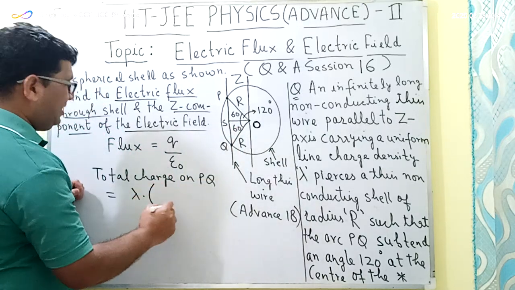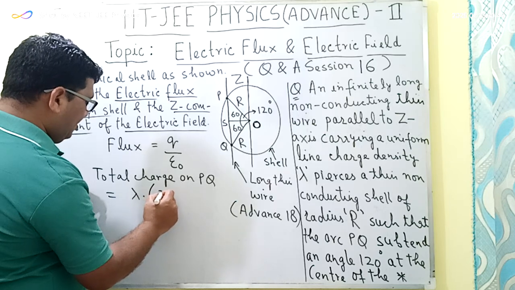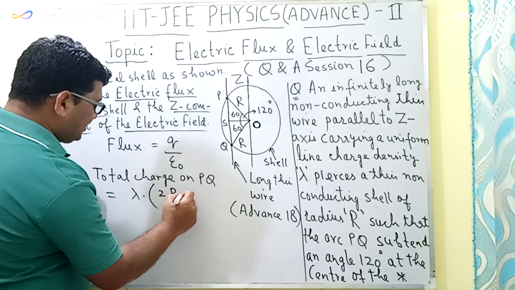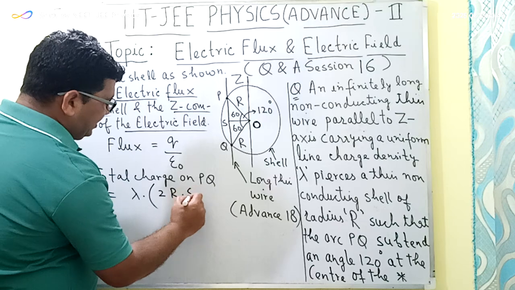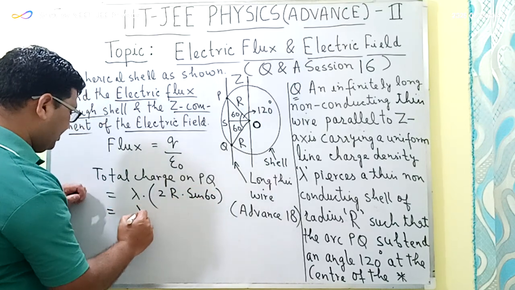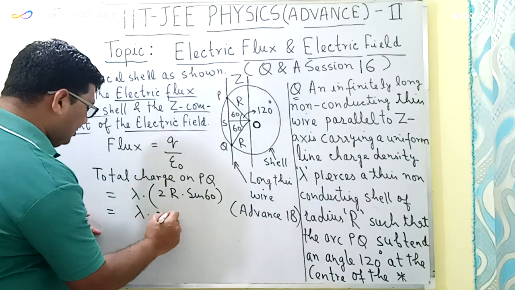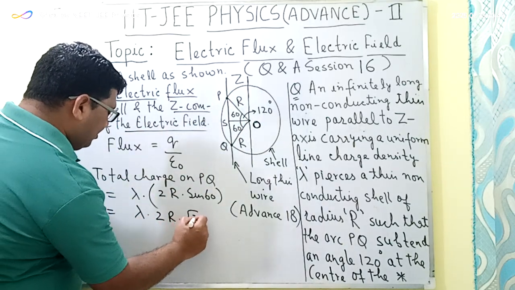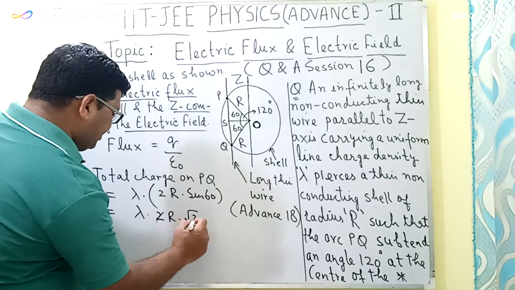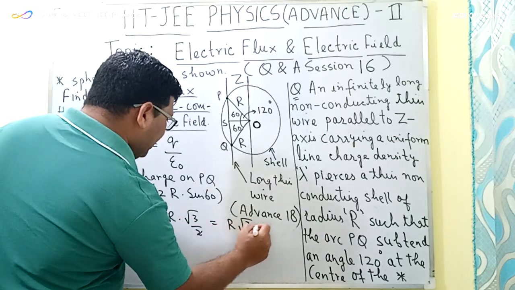So the total length will be equal to 2R sine 60. Now sine 60 is root 3 by 2, so the total charge on this wire segment PQ will be equal to lambda into 2R into root 3 by 2, which is equal to R root 3 into lambda.